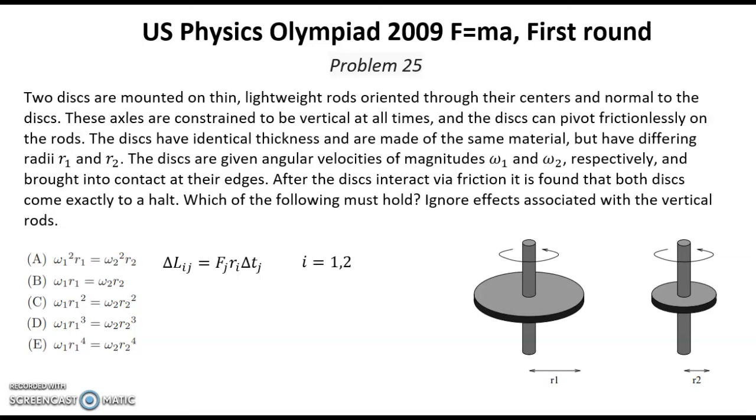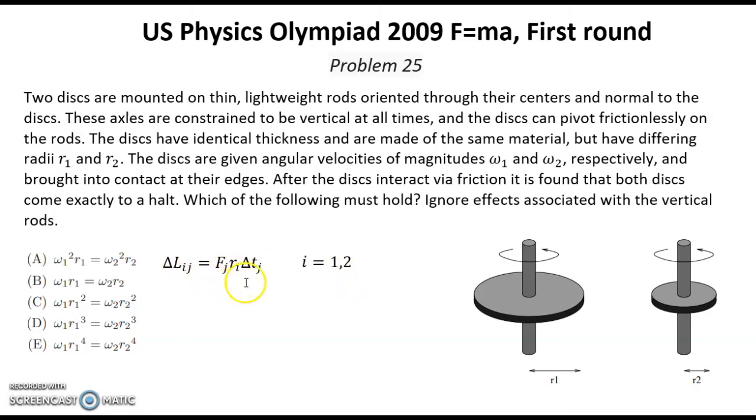And the change of angular momentum equals this expression: force multiplied by radius multiplied by delta time, where i equals 1 or 2. That's correct for both disks.